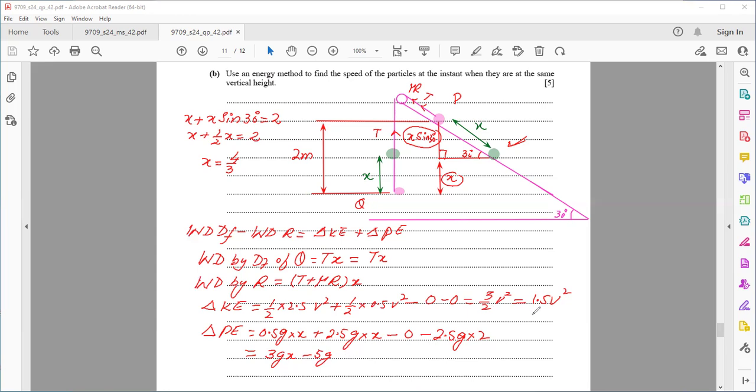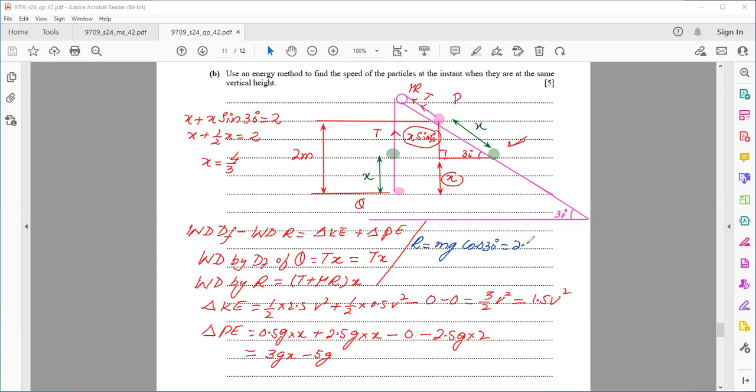These four things I have to substitute in the original question. Before starting, I have to use the result of the previous part. What is the result of the previous part? The result is R, which is equal to mg cos 30 degrees. Already we have the force diagram from the previous part.